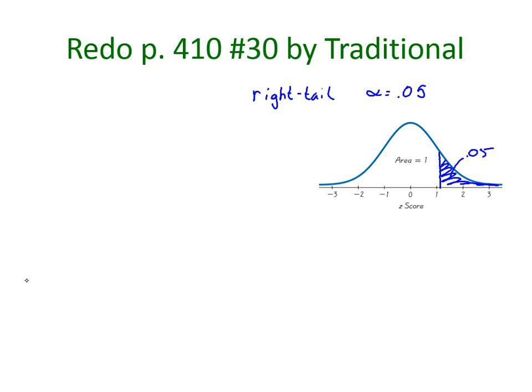If it's 0.05 on the right, then how much is on the left? 0.95. So what is the z-score that gives me 0.95 on the left? My graph's off just a little bit. Questions there? Now that I have that, I get to look at the test statistic. The test statistic on number 30 is z equals 2.50.